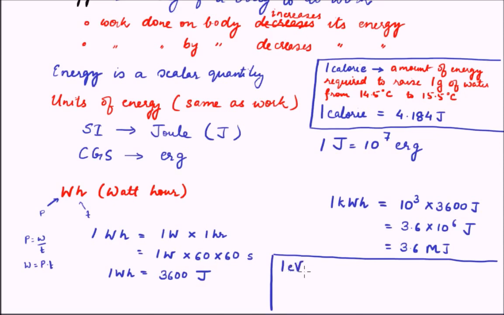You can write the complete 1 electron volt. This is defined as the energy gained by an electron when it is accelerated through a potential of 1 volt.